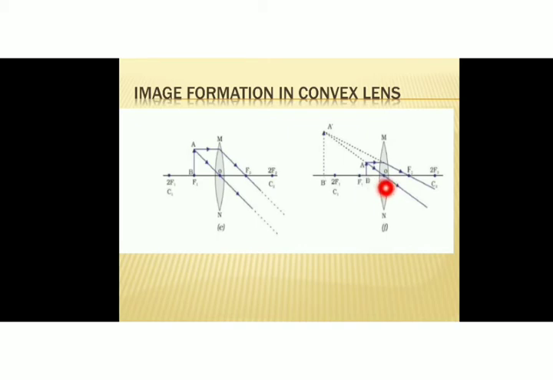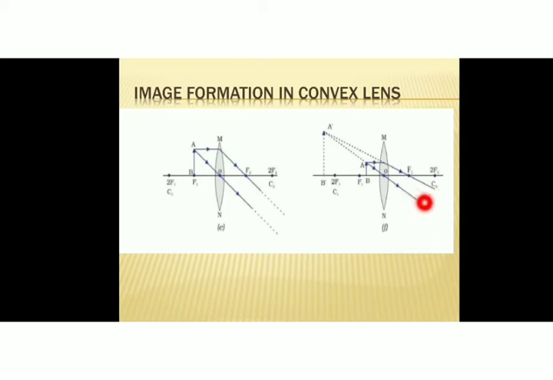Consider two rays. One is the parallel ray. After refraction, this parallel ray passes through focus F2. And consider this ray passing through the optic center, it goes without any deviation. When you look at the refracted rays, these two rays are diverging. So there is no chance for these two rays to meet at infinity.